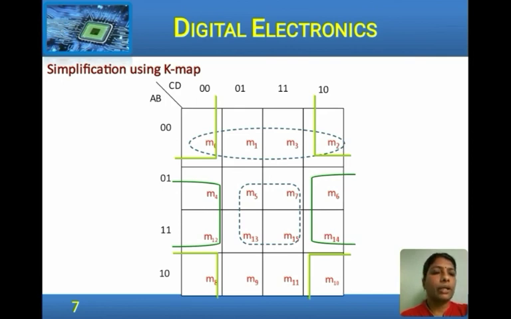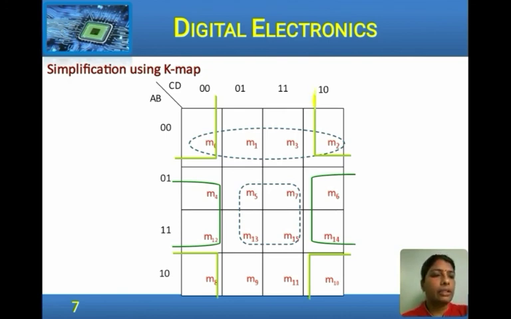Similarly, the top row and the bottom row can be considered adjacent. If you fold this map along the horizontal axis, we see that the top and the bottom cells become adjacent, so they can also be considered for grouping.